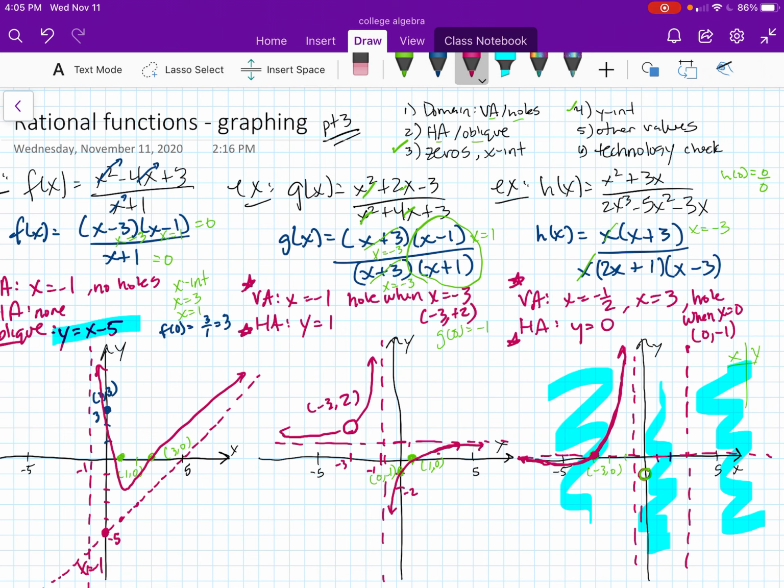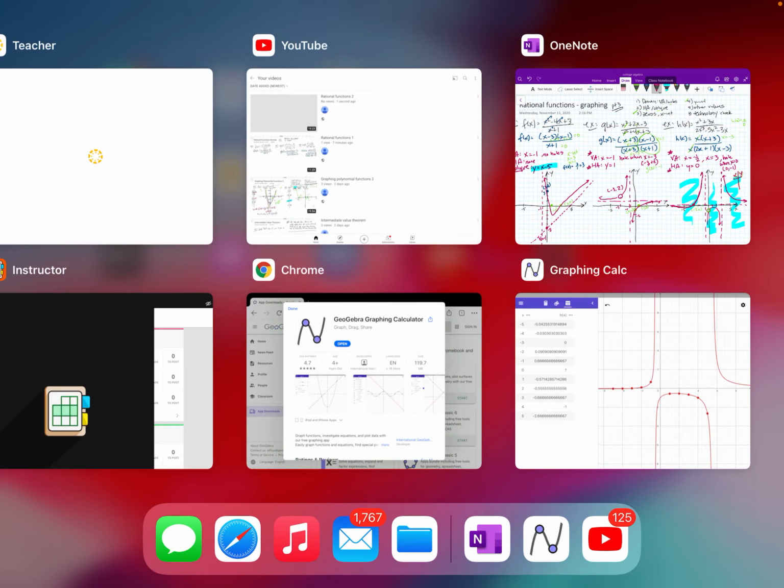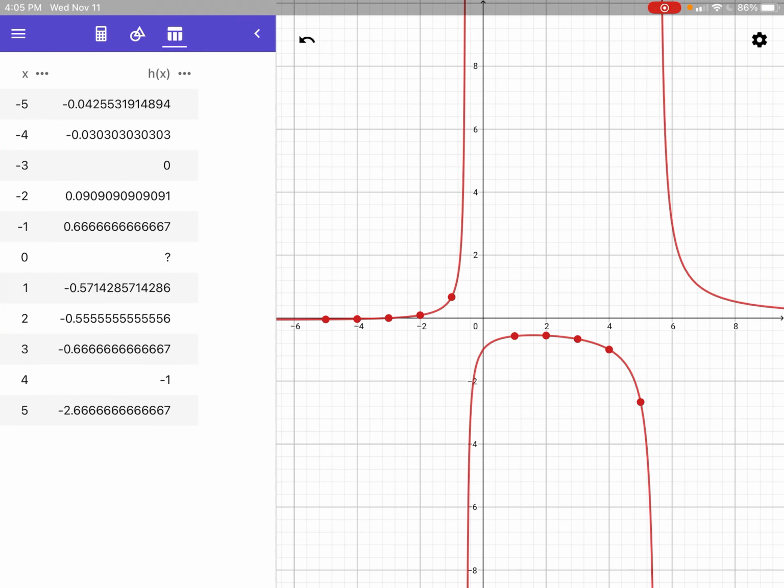And then we saw this guy did something like that. And this one was something up here. But again, we would really want to do a table of values to be a bit more precise than this rough sketch that we have here.